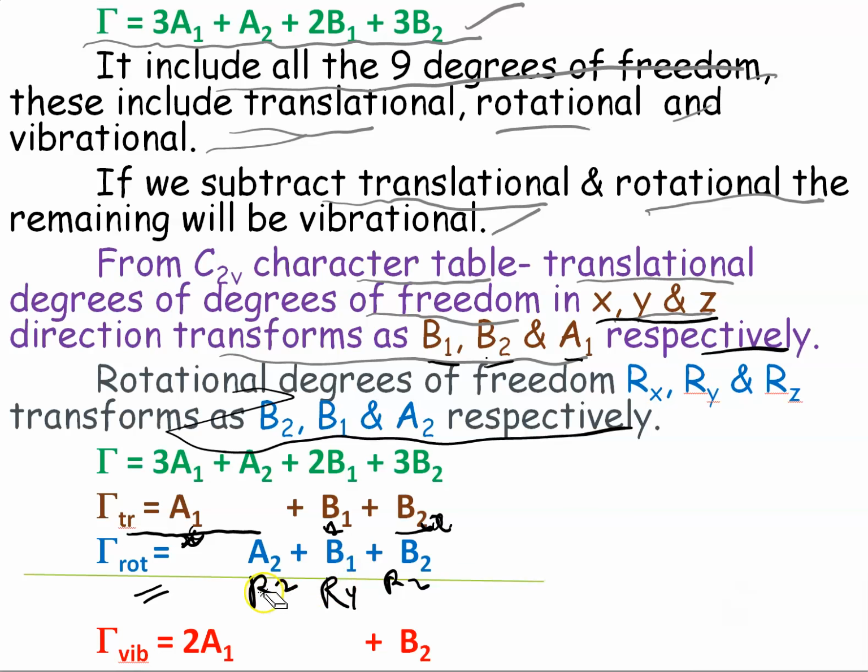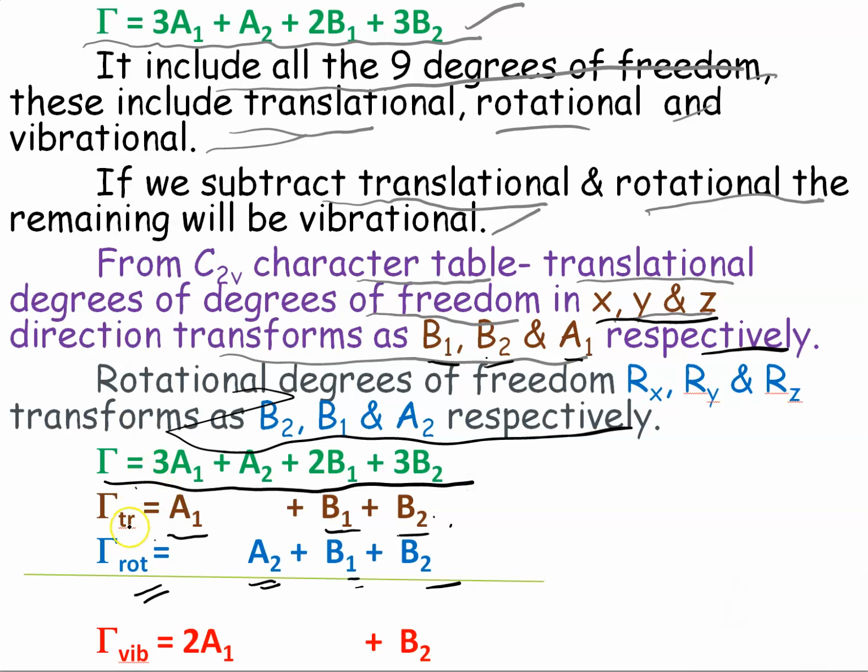So the translational degrees of freedom are A1, B1, B2, and the rotational degrees of freedom are A2, B1, B2. So this is our total character, 3A1, A2, 2B1 plus 3B2.